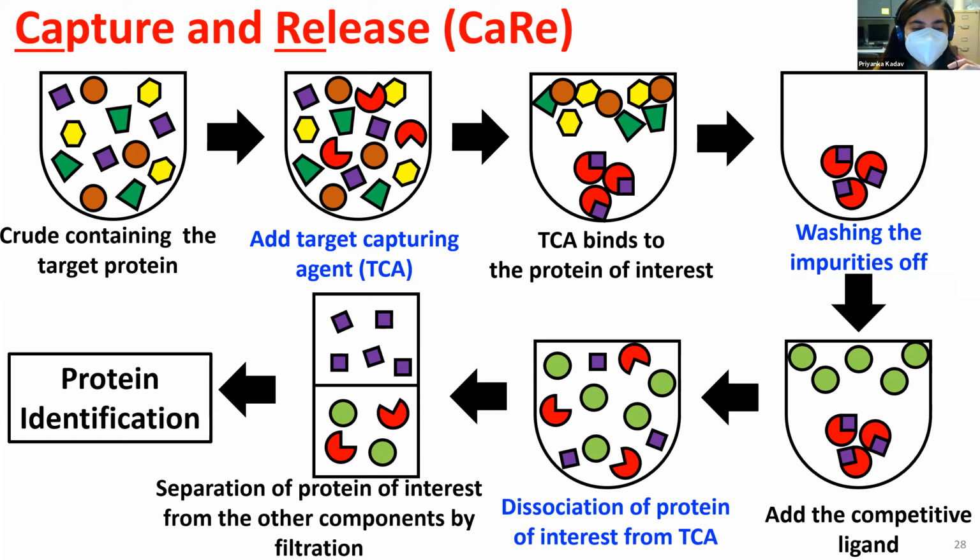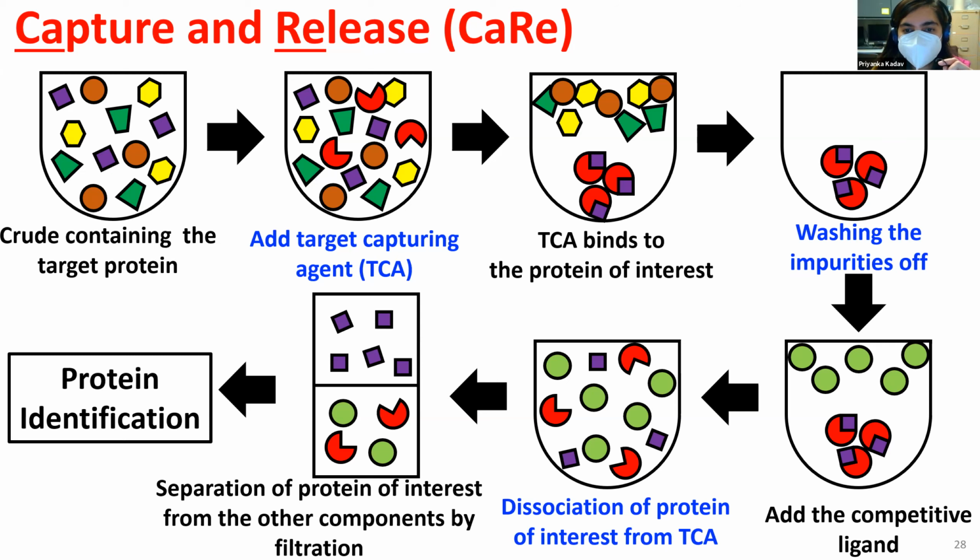In the next step, we add the target capturing agent, TCA. The red ones are added in step number 2; in the test tube, we add the TCAs. These TCAs have to be very specific to the target protein, the purple protein, such that they will only bind to that particular target protein and not any other protein in the mixture.